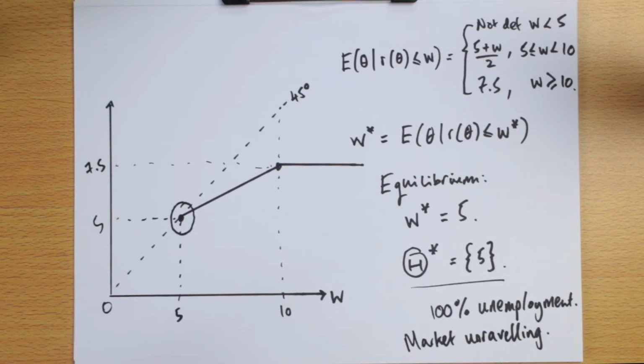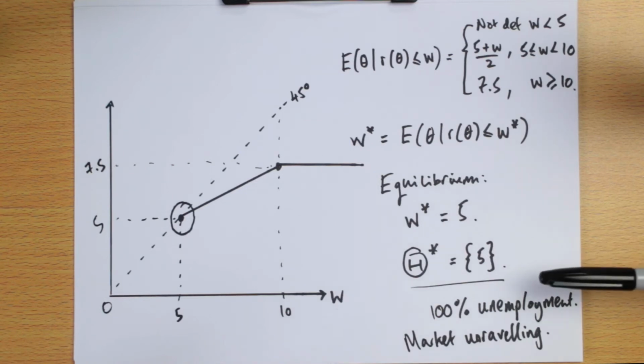When if there was perfect information, there would have been full employment here. So the first thing is that there's as high unemployment as you can imagine. It's an extreme example. The second thing is the thing called adverse selection, which means there is really one type who could be employed here, but it's only the very, very worst.